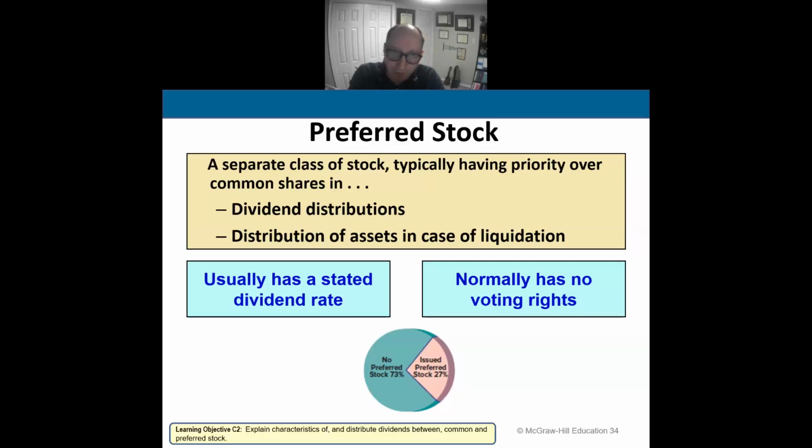Those are the kinds of people that hold preferred stock. Those shares of stock do not have voting rights. Only the common shares do. Preferred stock does not have voting rights, and they usually have a stated dividend rate.